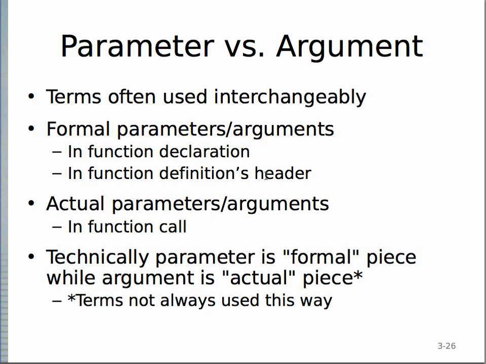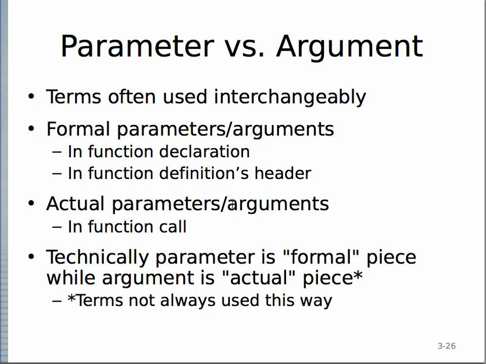When you have the list of parameters in the definition of a function, those are parameters. In the function call, those are arguments or actual parameters. This is part of the reason why it can be confusing.